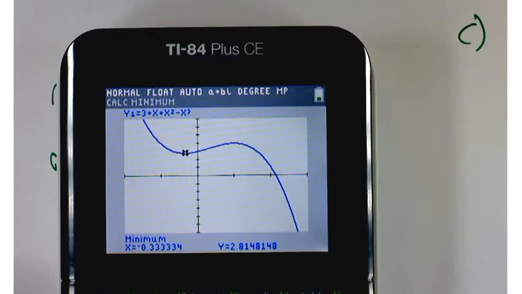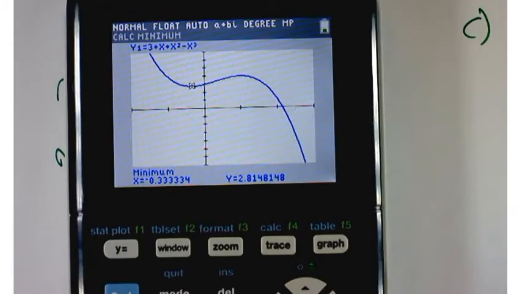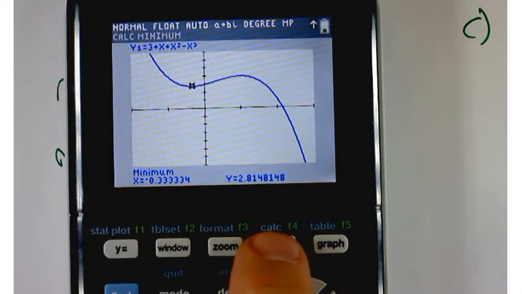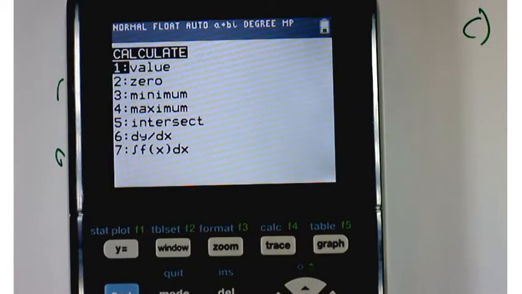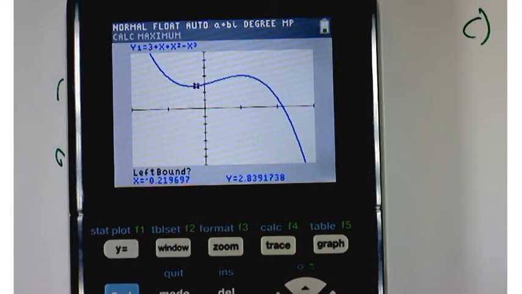Let's do the same thing to find the maximum. Hit the second key, then the trace key. This time we want to find the maximum. So cursor to the right until you get someplace a little to the left of your maximum, because it's going to ask for the left bound and then the right bound. So I'll press enter here, and you can have a different left bound or right bound, that's fine.